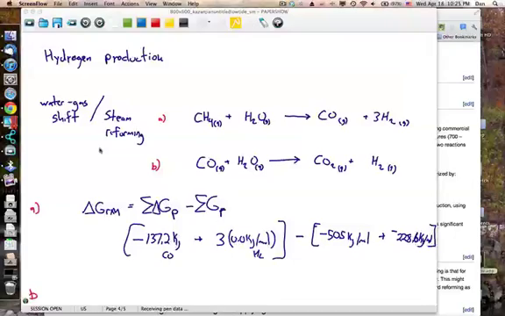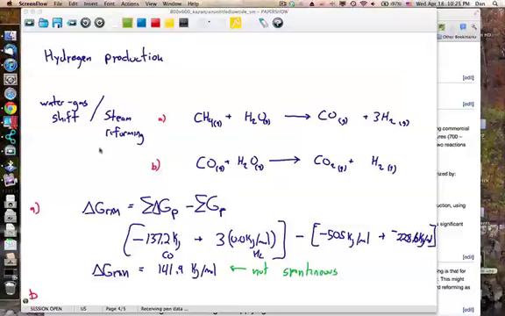So we did measure the delta G for this reaction A, and we find that at room temperature, this reaction has a delta G of 141 kilojoules. The fact that it's positive means that it is not spontaneous.